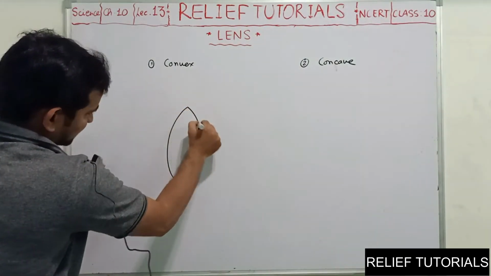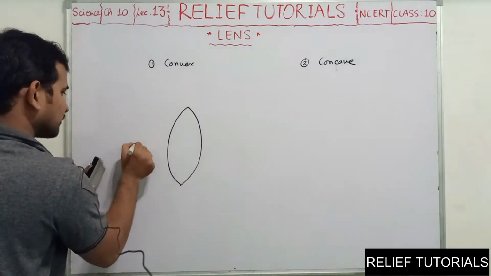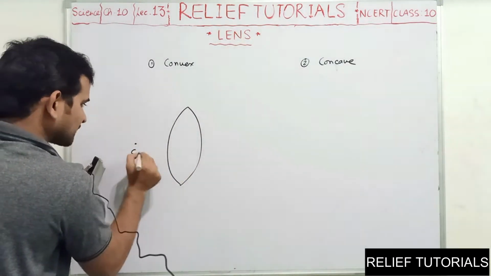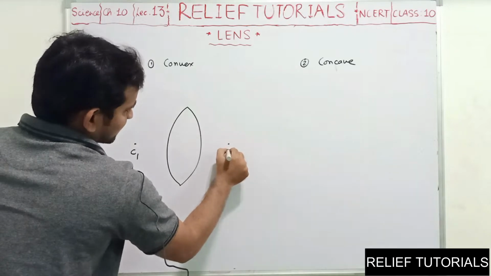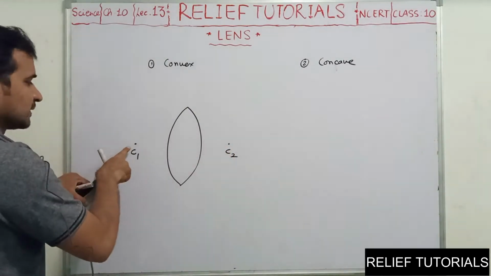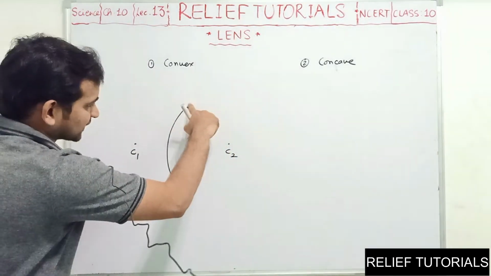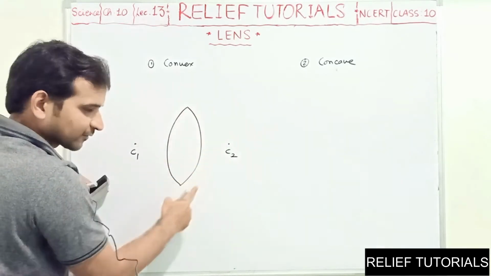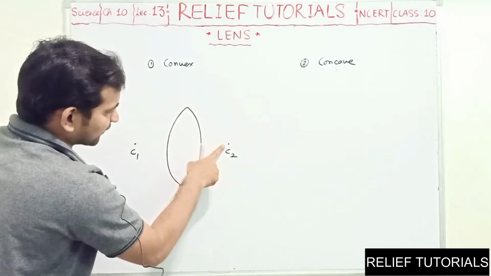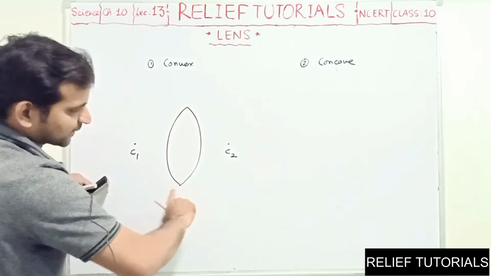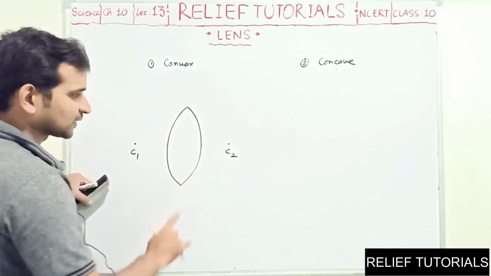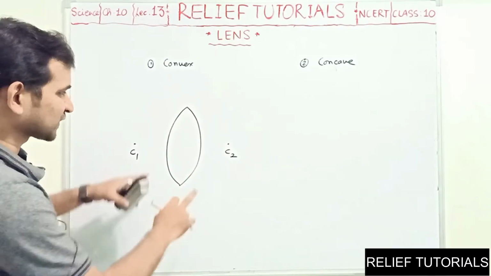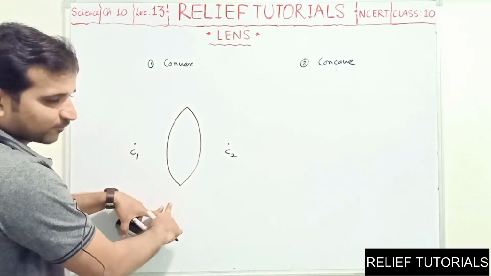Again it's a convex lens. This is center of curvature C1 and this is center of curvature C2. C1 is the center of curvature of this refracting surface, this interface, and C2 is the center of curvature of the other refracting surface. So there are two centers of curvature for the two respective interfaces.